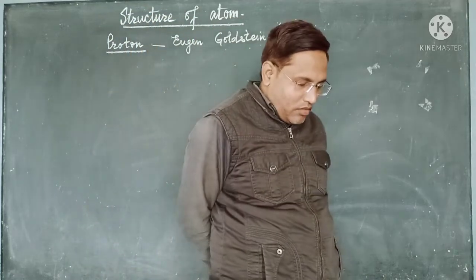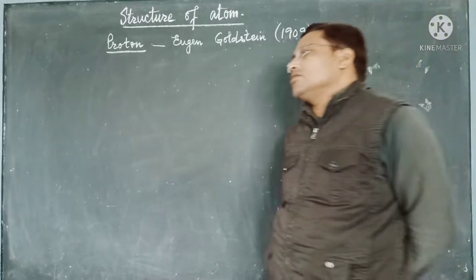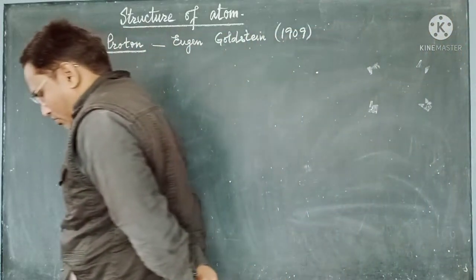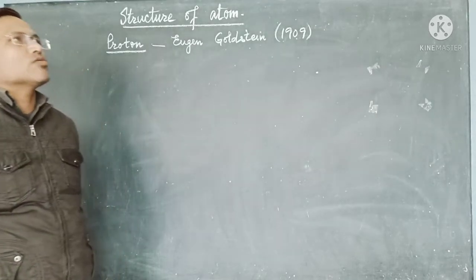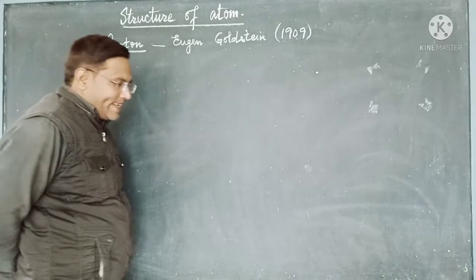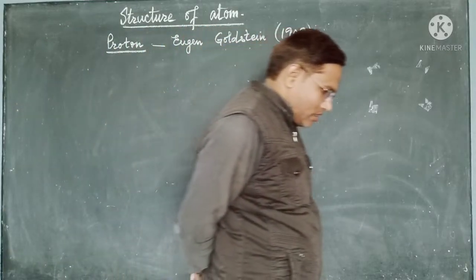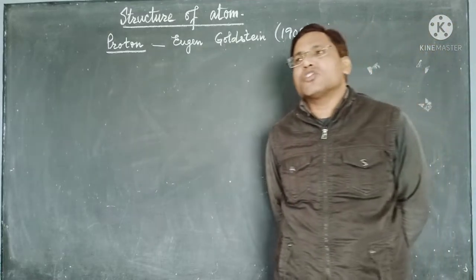Eugen Goldstein had seen that J.J. Thomson had told that in an atom there are electrons, and he had discovered the electron by taking a gas in a discharge tube.